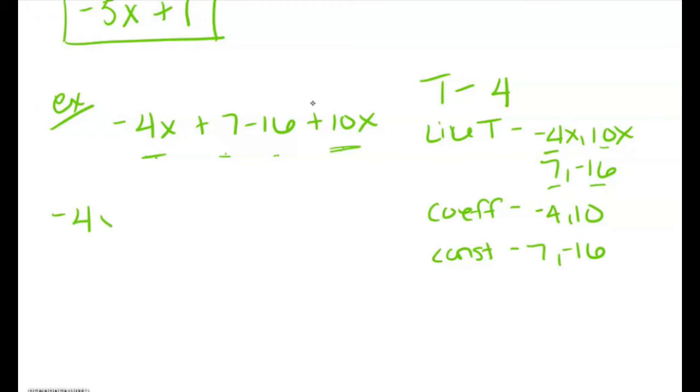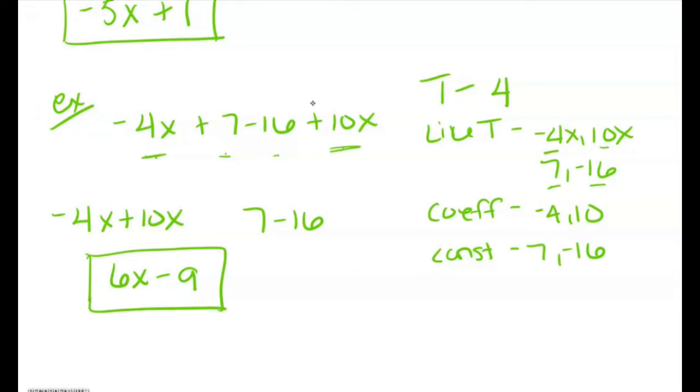So I'm going to grab my like terms and put them together. Negative 4 plus 10 gives me 6x. And 7 minus 16 gives me a minus 9. And that is my simplified expression.